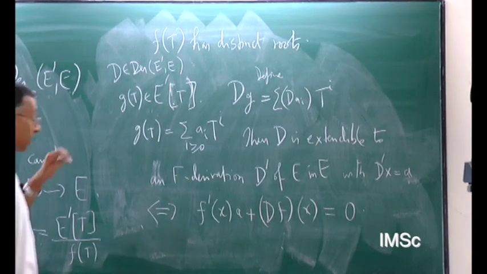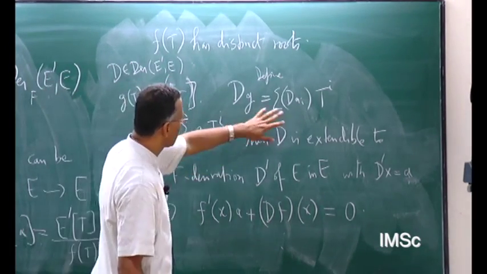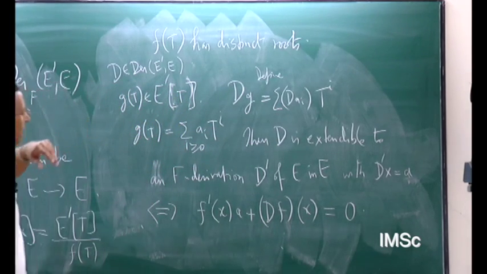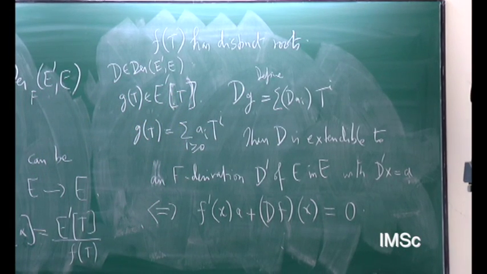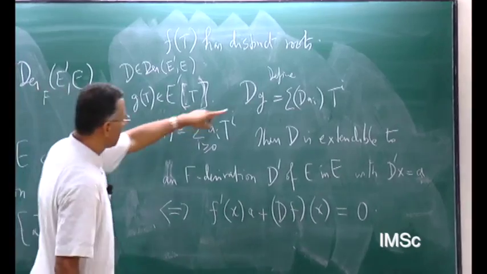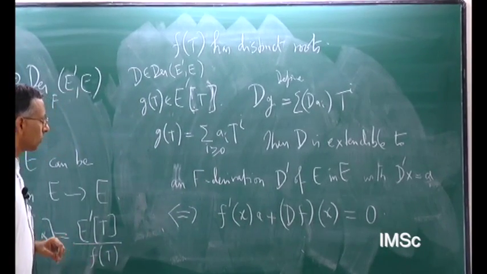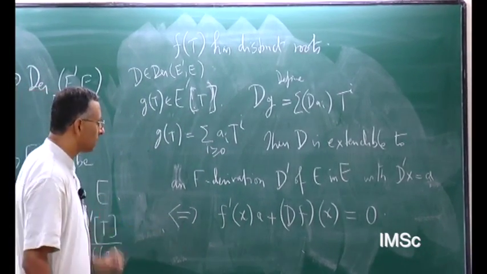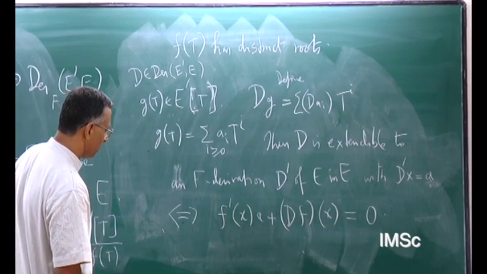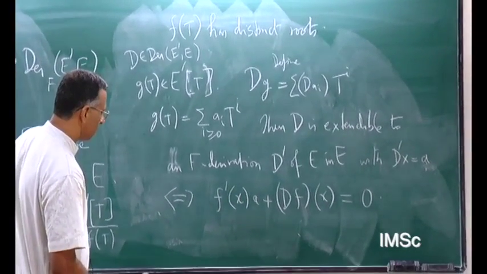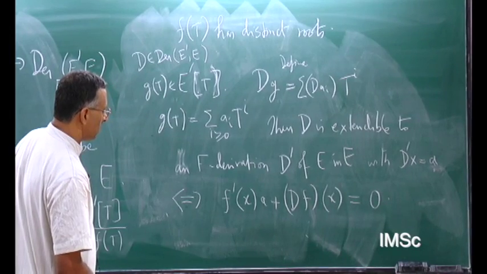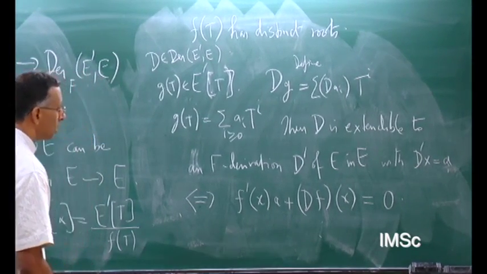This is not the way I would have done it, but anyway, he's making this definition, and so where you write g like this. So we have to understand this claim. So let's see if that is clear.